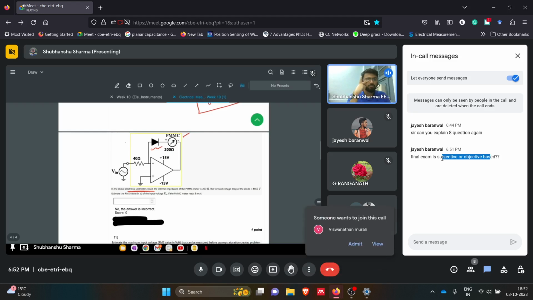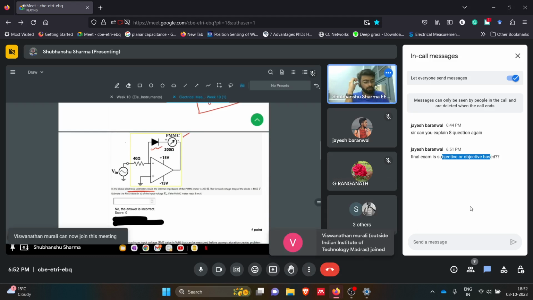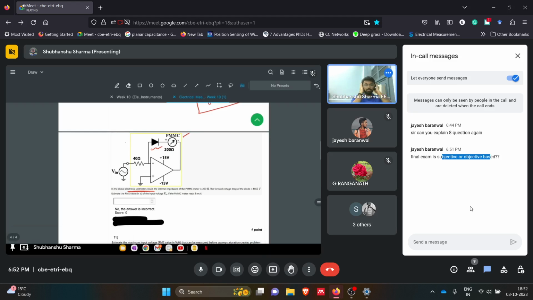Numericals will be there definitely, and there can be multiple correct questions. So it's just like the pattern of the normal GATE exam, but not the level of the GATE exam. Pattern I will say, because there are no subjective questions, only objective questions and numerical based.